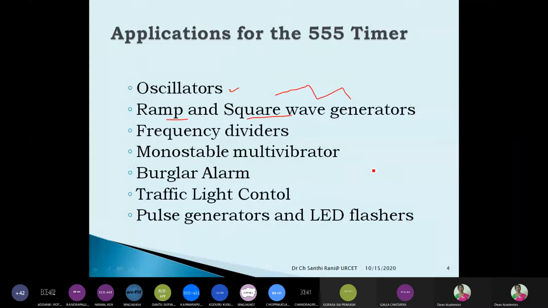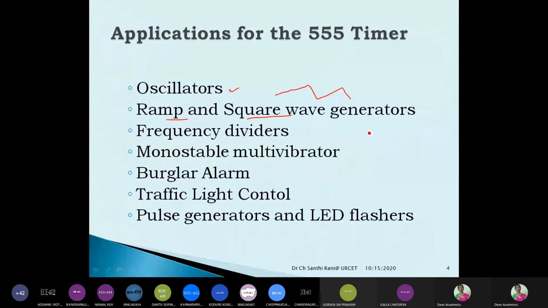In olden days 555 was there, later 741 has come, so anything can be used. Nowadays all smart sensors we are using, and we are using next generation square wave generators also. Okay, then frequency dividers, and then monostable multivibrator.